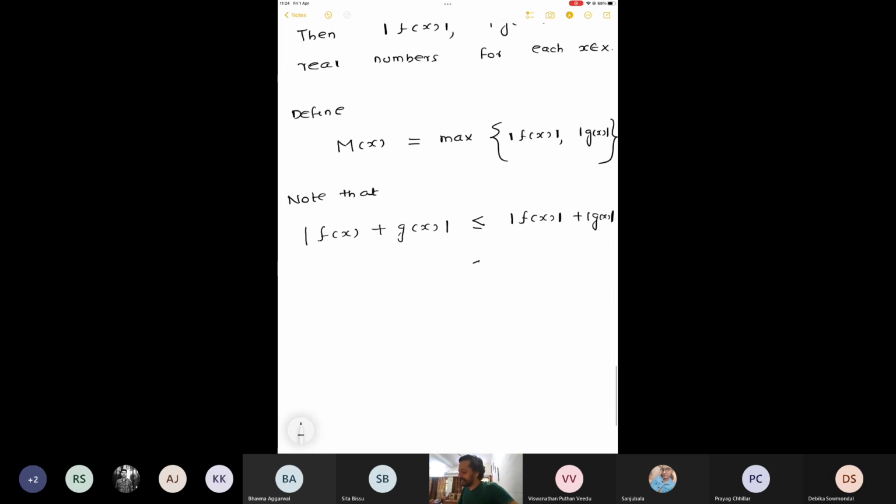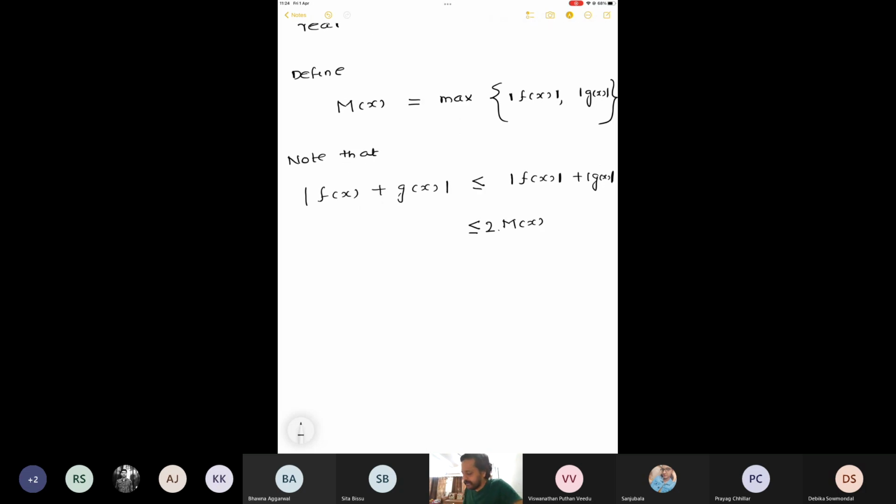And this is less than or equal to m(x) plus m(x), so 2 m(x). So for each x in X, modulus of f(x) plus g(x) is less than or equal to 2 times m(x). And consequently, modulus of f(x) plus g(x) whole power p is less than or equal to 2 power p times m(x) the whole power p. Simple calculations. Do you agree?